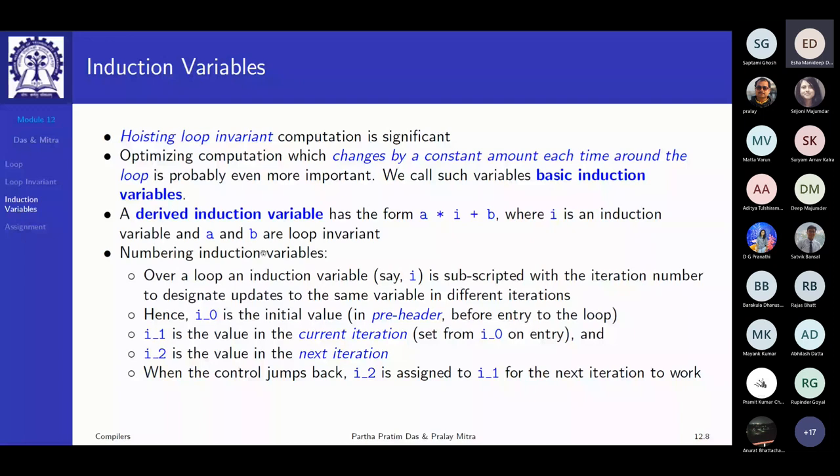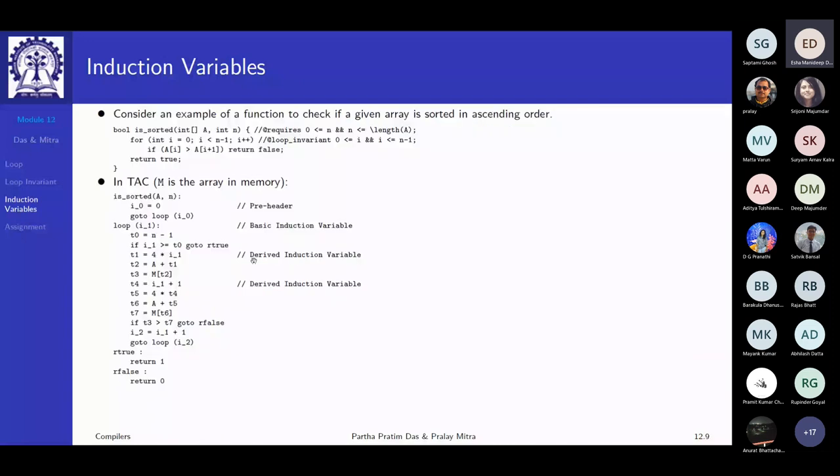So now let us go back, now let us take a new code. So here we are trying to define a function is sorted, which takes an array A and an integer n. Naturally, the array stores a set of integers.